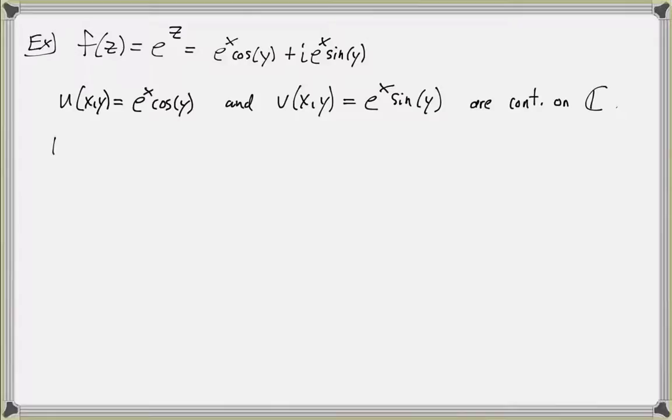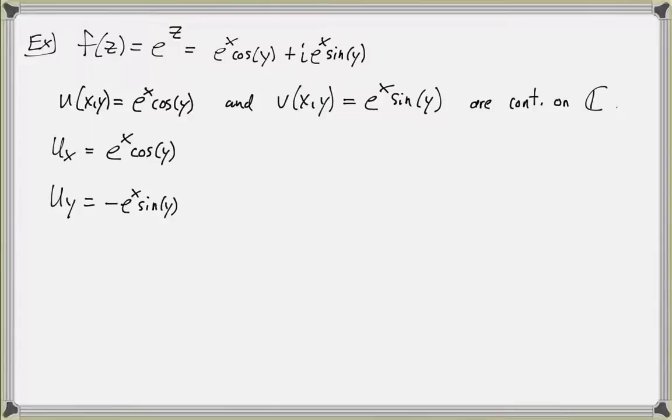The derivative of u with respect to x will be e to the x cosine of y. Derivative of e to the x is e to the x. The derivative of u with respect to y will be negative e to the x sine of y.